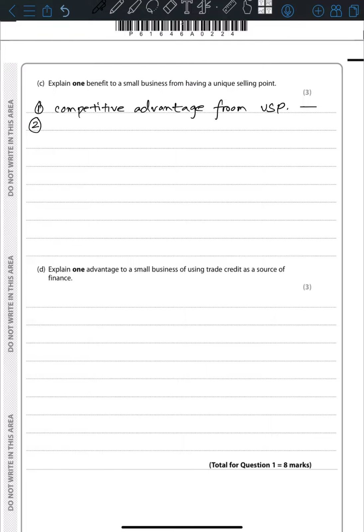The next point will be how so. So how does this competitive advantage benefit the business? So that would be if the business has a competitive advantage over those of its rivals, they will more likely have a higher market share and they are more likely to charge more from their customers, and customers are also likely to buy more from this business because there is their unique selling point which draws and attracts customers towards this business.